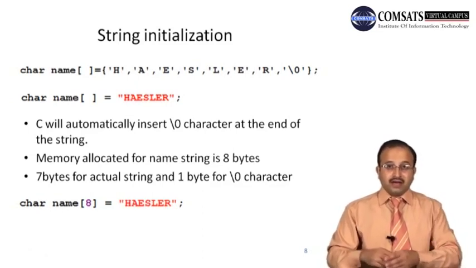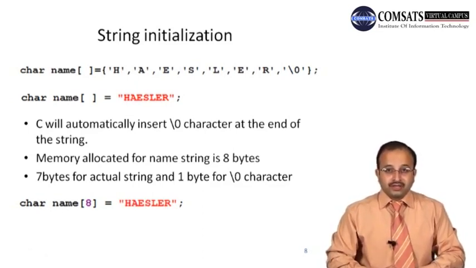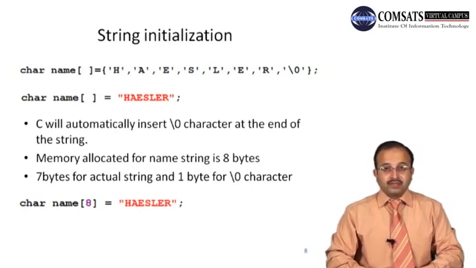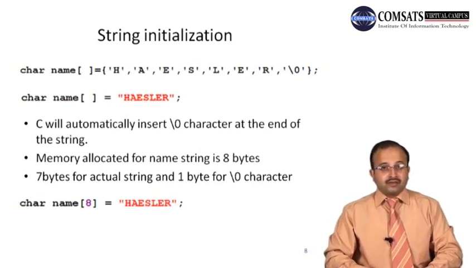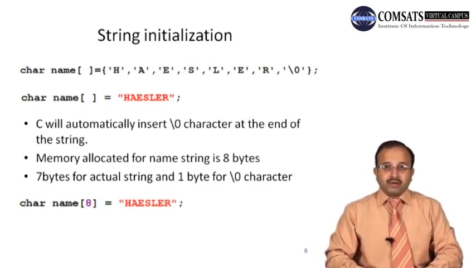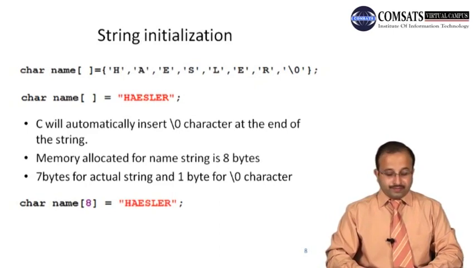That last byte for the null is not reserved for that name array. Before that null character, these 7 bytes are reserved for the name. Okay? So this means that the value of that last byte may be overwritten, and then there is some problem when you access that string.